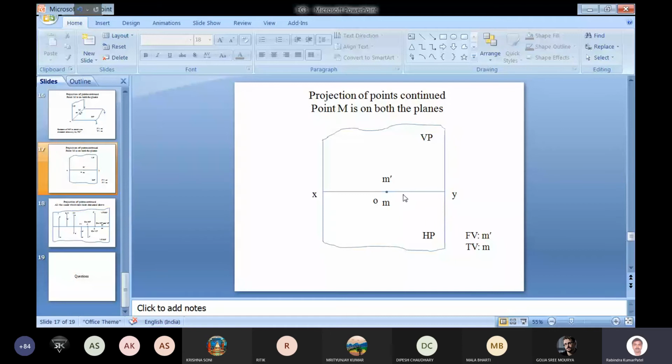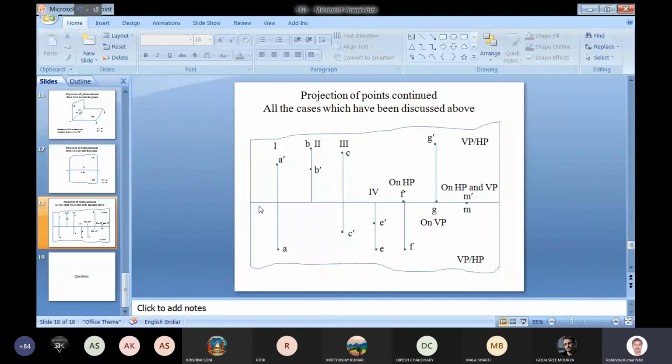Here you can see all the cases assembled together. A few things you can observe. In the first quadrant, we have the front view above the reference line and the top view below the reference line. In the second quadrant, the front view and top view both are above the reference line.